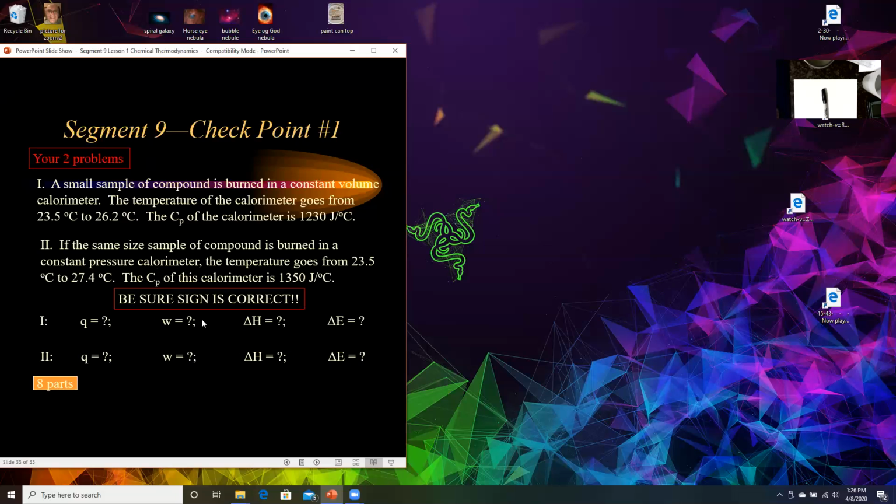So one of these two, delta E or delta H, you're going to get from experiment 1. The other one you're going to get from experiment 2. And just remember, a state function is a state function is a state function.